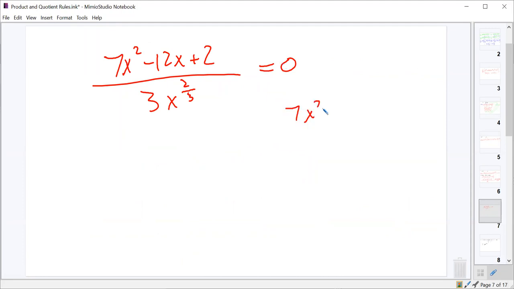So we'll say 7x squared minus 12x plus 2 equals 0. Does this factor out?